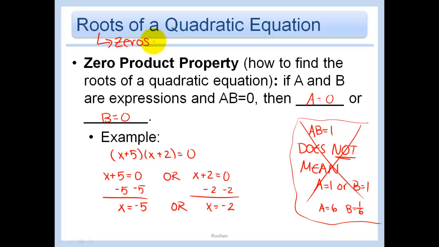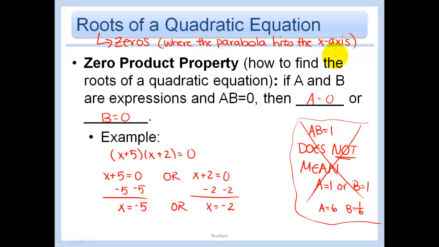And I actually like the word zeros a bit better because the zeros just mean, if I'm graphing a quadratic equation, it's where the parabola hits the x-axis. And I'm wondering right now if you can make sense of that.